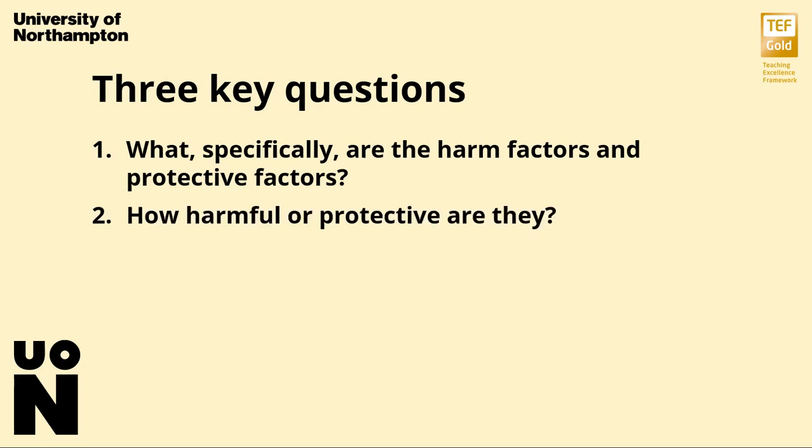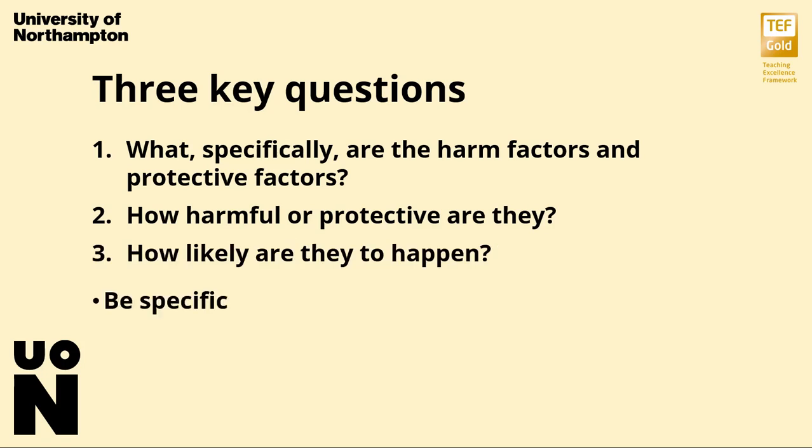And then finally, we need to ask, how likely are they to happen? When we're doing this, we really need to be specific. We need to be quite concrete in exactly what we are worried about and also exactly what we see as the person's strengths or the strengths within the situation the person is in. And to do this, we really need to give evidence. We need to give clear, concrete evidence of what our risks are.